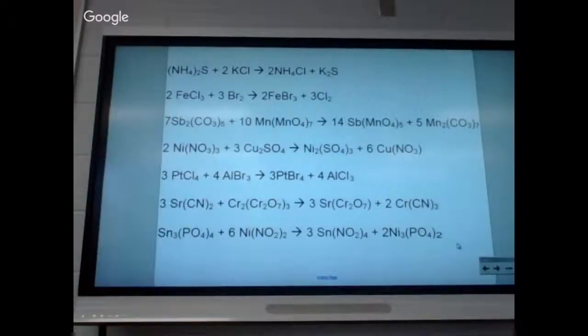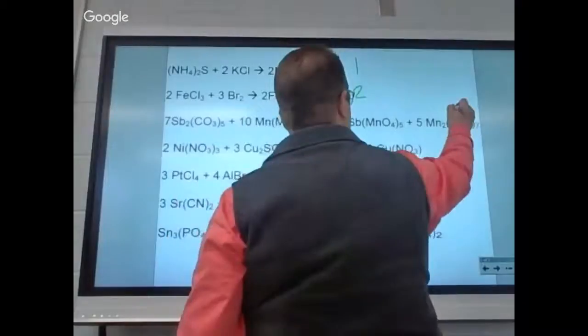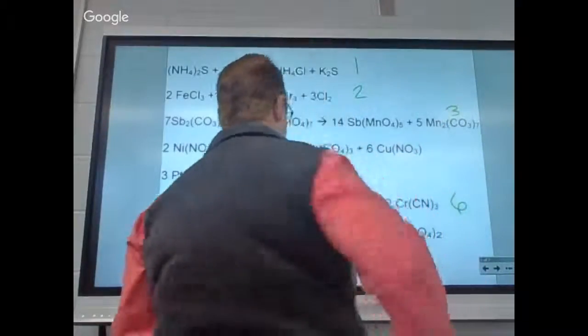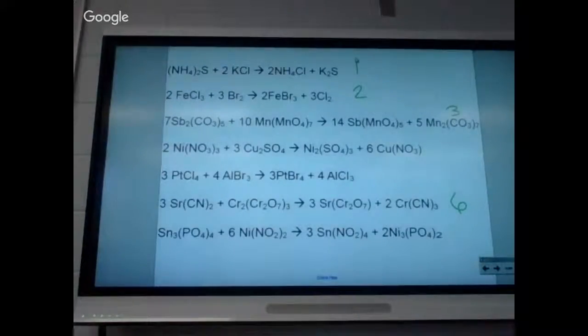If you will, find your homework. We did what? 1, 2, and 3? 1, 2, 3. And there's 6. Oh, hey, I found it. I'm sorry, I think you have 2 copies. The first 3 were... These should be pretty easy because most of them are double displacements.